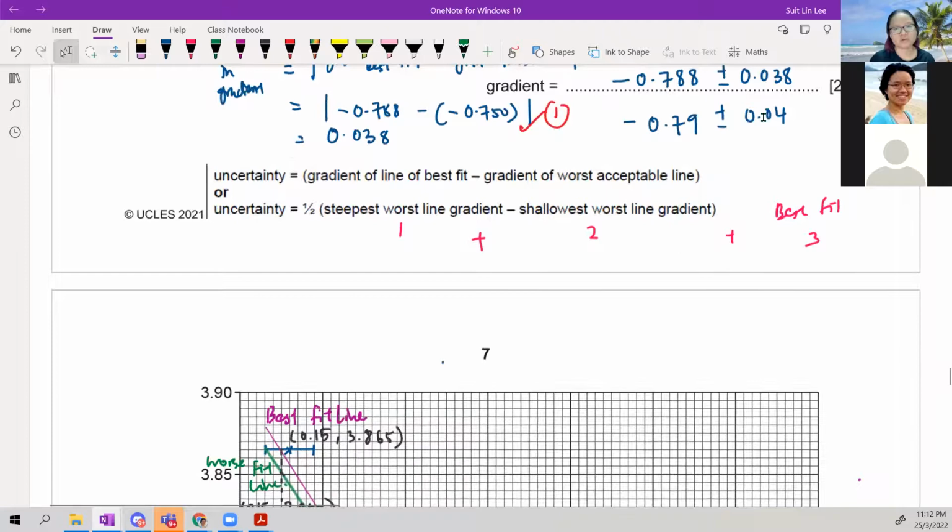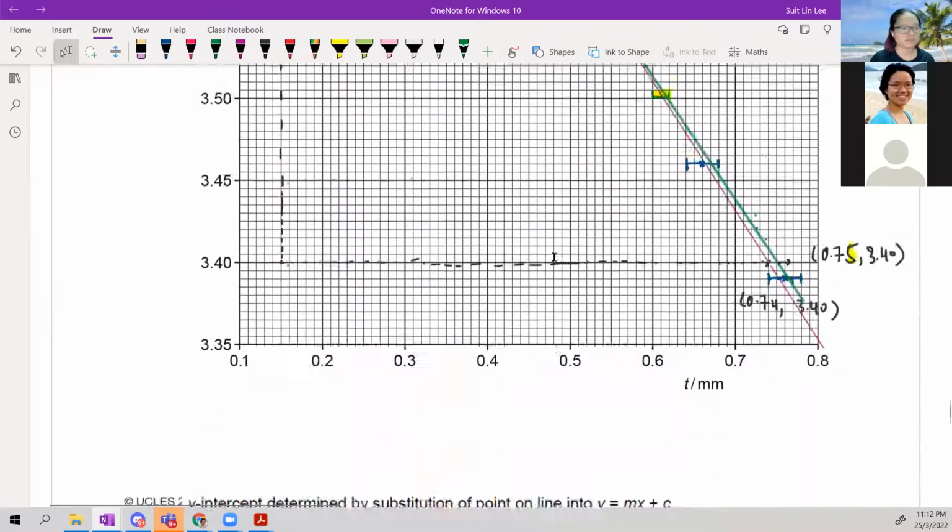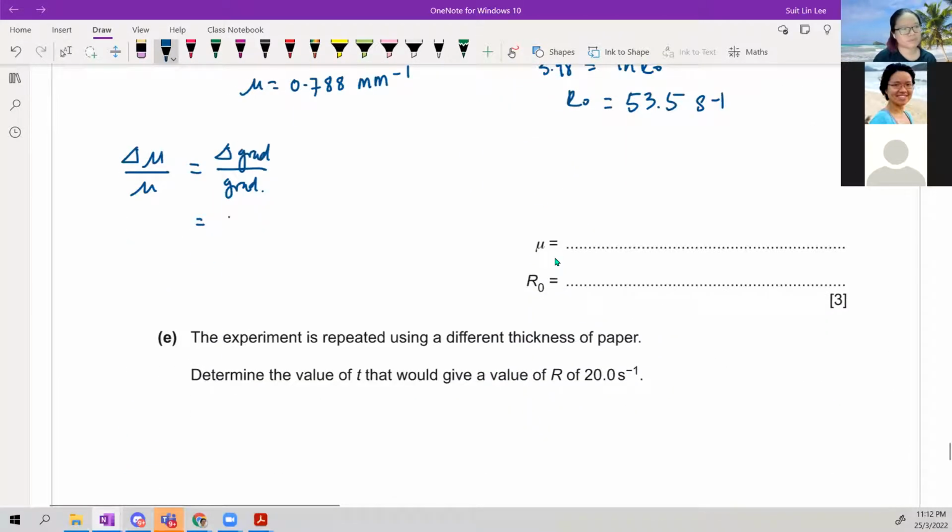It was 0.04, 0.79. 0.04 over 0.79 times 0.788. You bring the mu up and multiply. Divide by 0.79 times 0.788. So this was 0.039. I'm just going to put 0.04, okay?